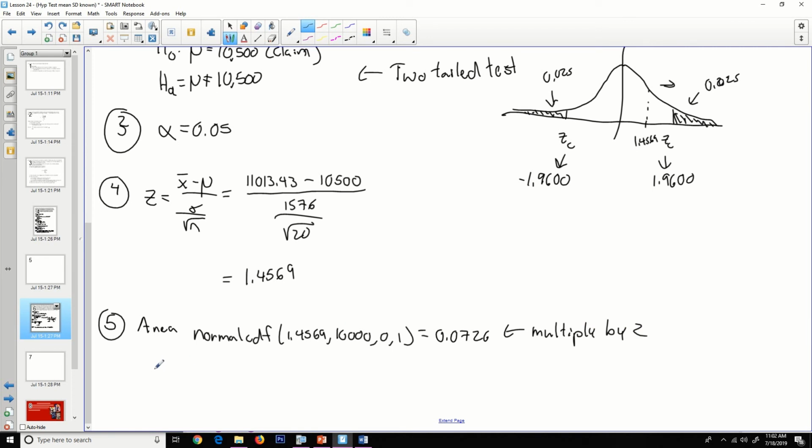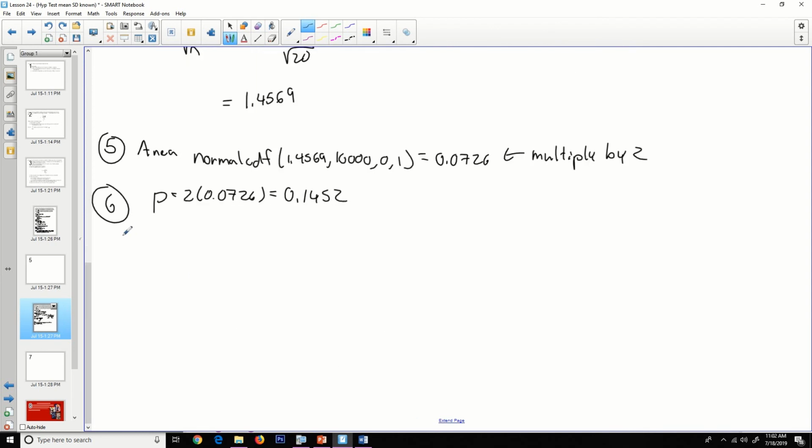So the p-value is actually going to be equal to 2 times that, and that turns out to be, this is number 6, by the way, sorry, got ahead of myself, 0.1452. All right, and so if we keep moving on, 7 here.